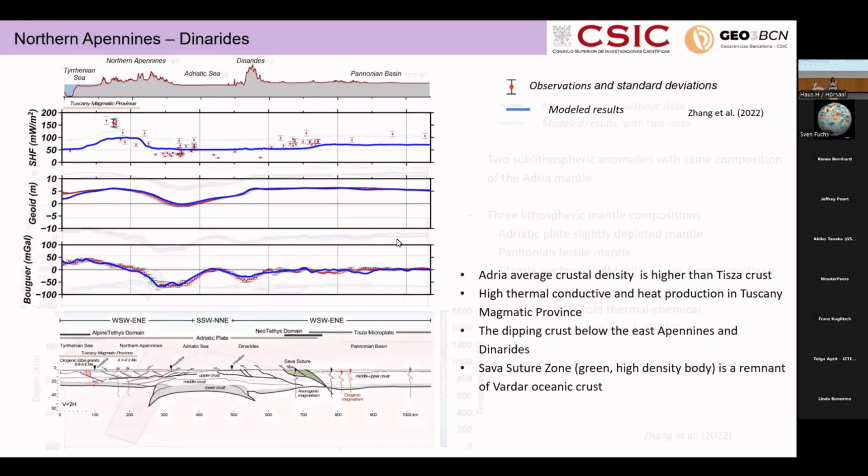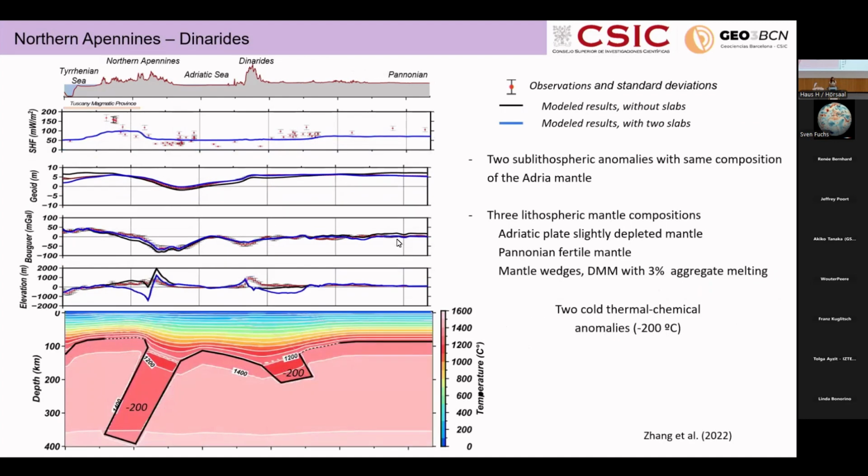If we have a look at the lithospheric scale, there is this thinner lithospheric mantle beneath the Tuscany province, that will give a higher thermal gradient, and then results in a higher surface heat flow, yes?